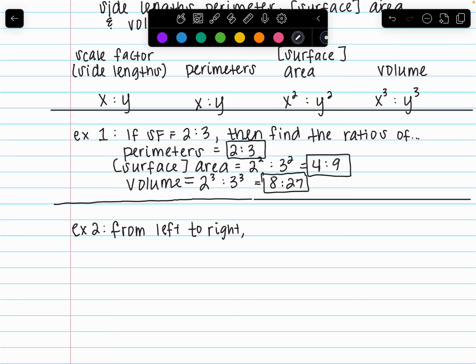Find the scale factor and the ratios of the perimeter, the surface area and the volume.